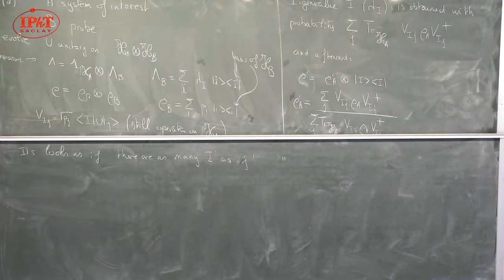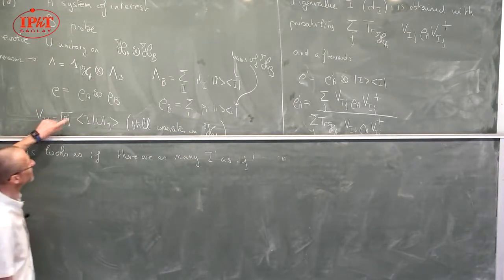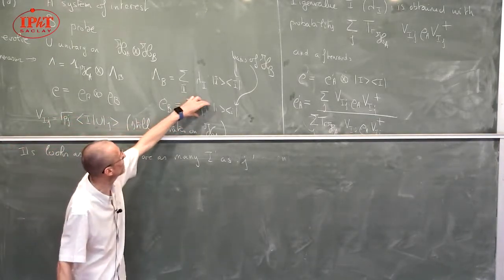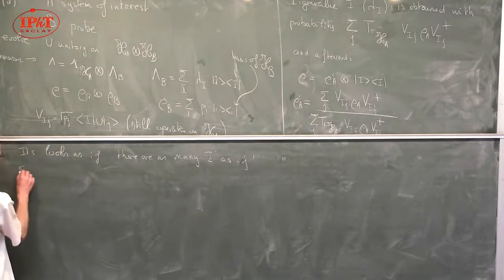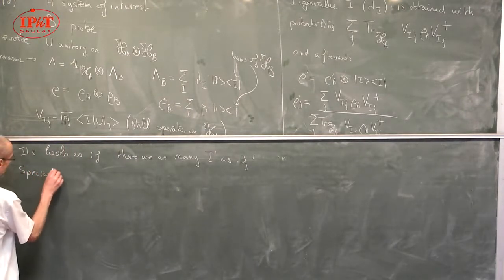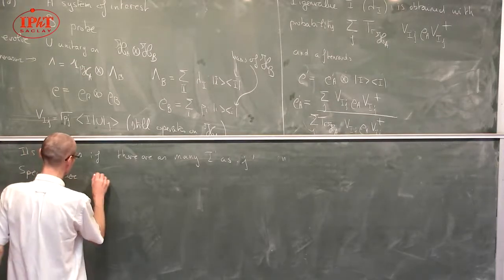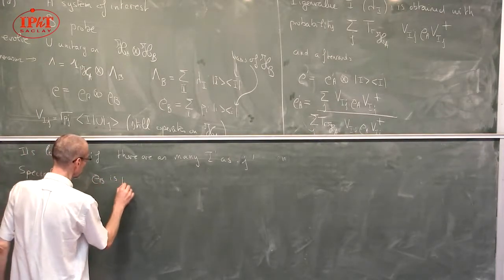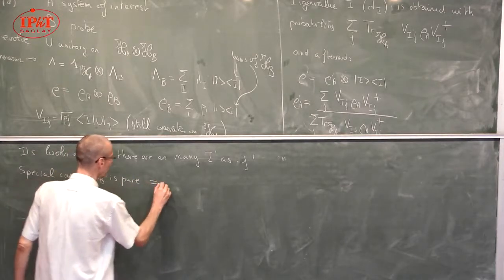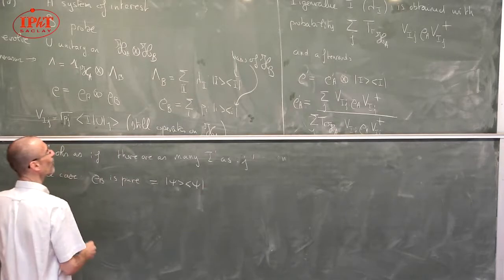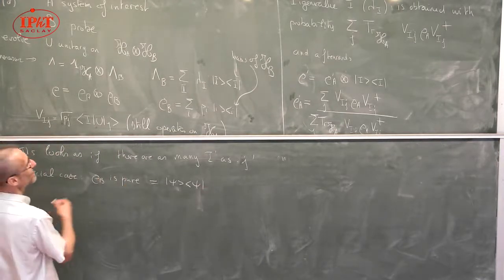But in fact, this is not really the case, because here you have this square root of p_j. I'm sorry, yes, this is the density matrix. So in fact, you could also take a pure state. So the special case is when rho B is pure, equal to something like psi, and then it's easy to see what we get.